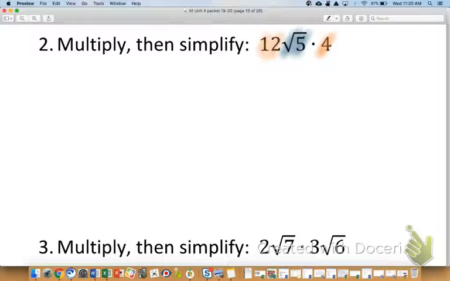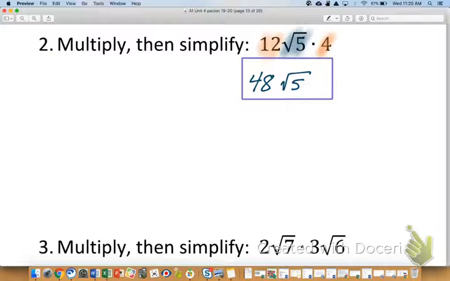The 12 and the 4 are both non-radicals. Those can be multiplied together. 12 times 4 is 48. The square root of 5 is just the square root of 5. There was no radicals for it to be multiplied by. So believe it or not, because 5 is prime and can't be simplified, that's it. 48 times the square root of 5, and you're done.